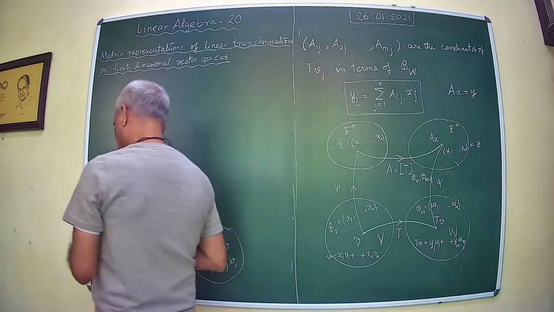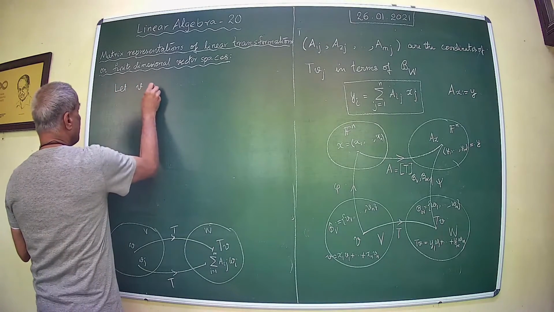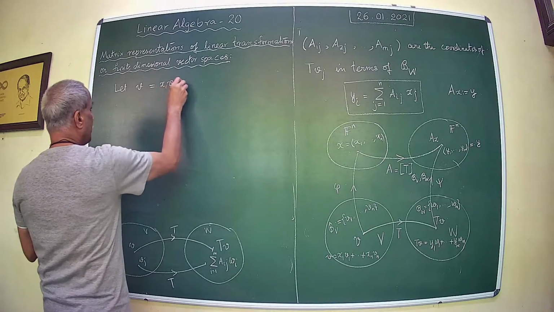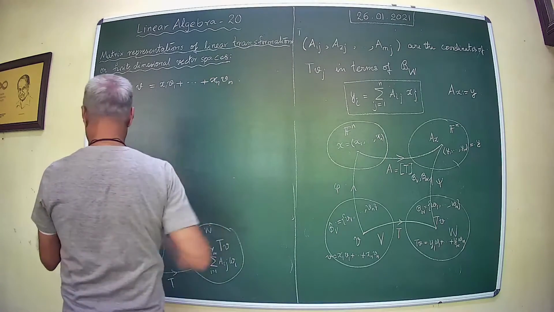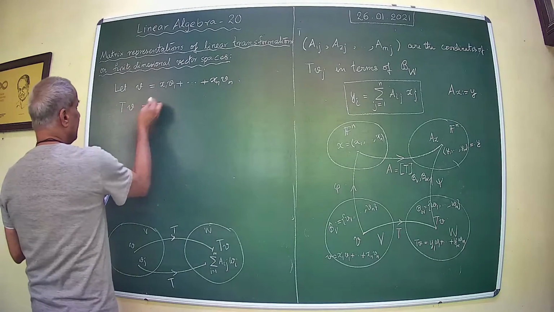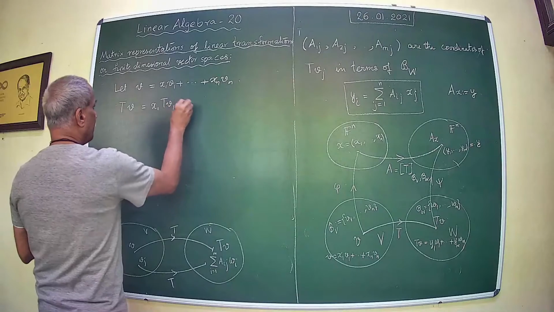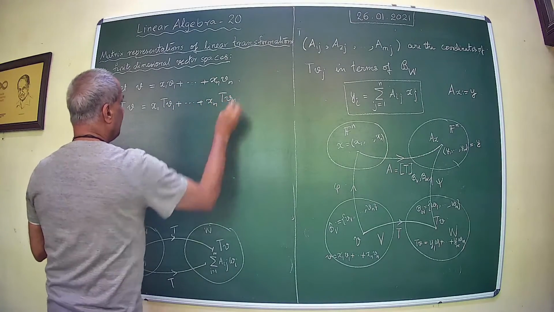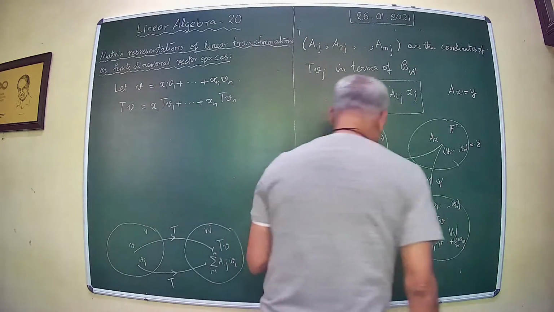Okay. So what you have is that let v be equal to x1 v1 plus etc. Now Tv is then equal to x1 Tv1 plus etc. That is because of the linearity.